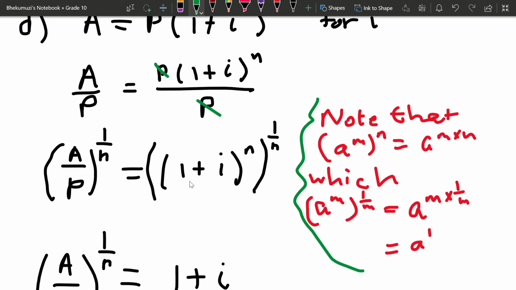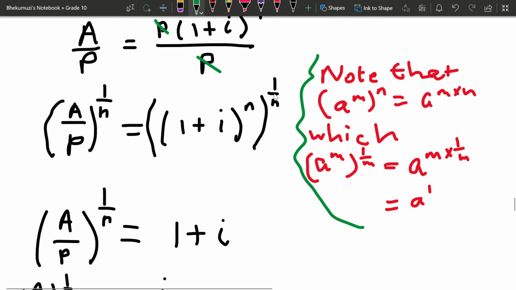And remember, whatever I do on the left hand side, I must do on the right hand side. So we'll have A over P all raised to 1 over n. Then this cancels out, and you're left with 1 plus I.